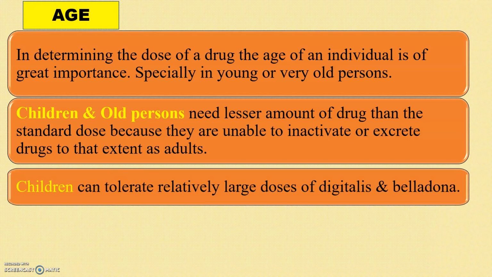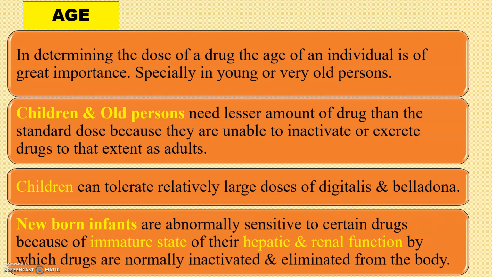Children can tolerate relatively large doses of digitalis and belladonna. Newborn infants are abnormally sensitive to certain drugs because of immature state of their hepatic and renal function by which drugs are normally inactivated and eliminated from the body.